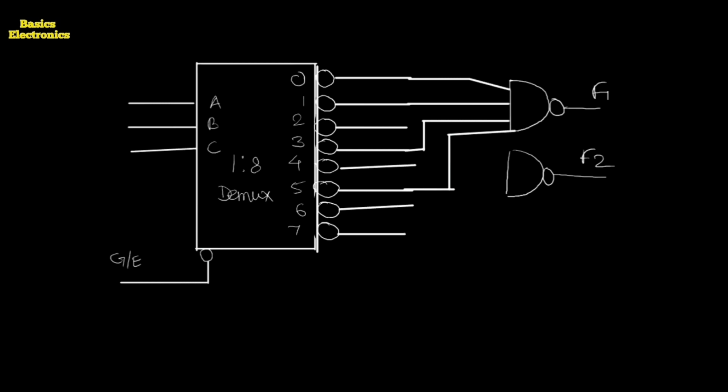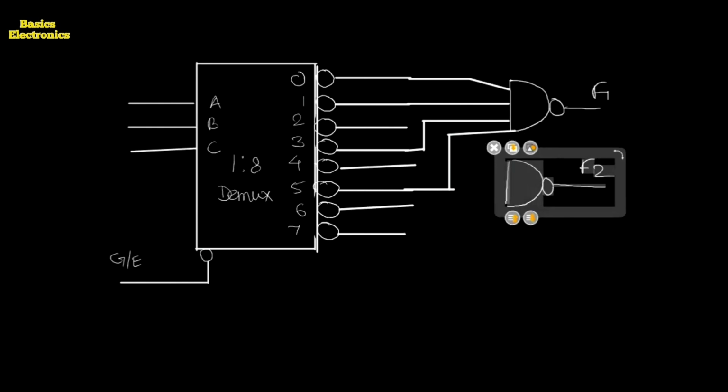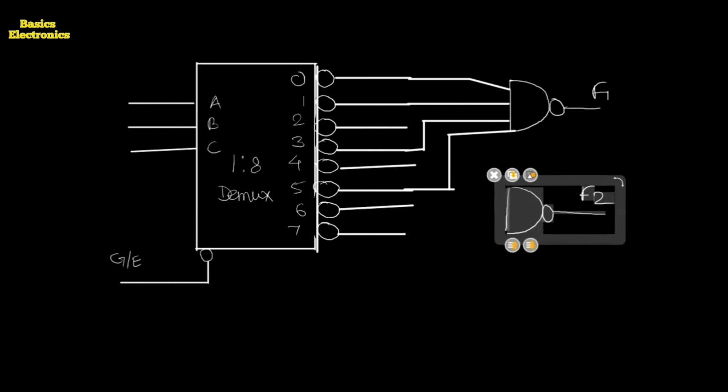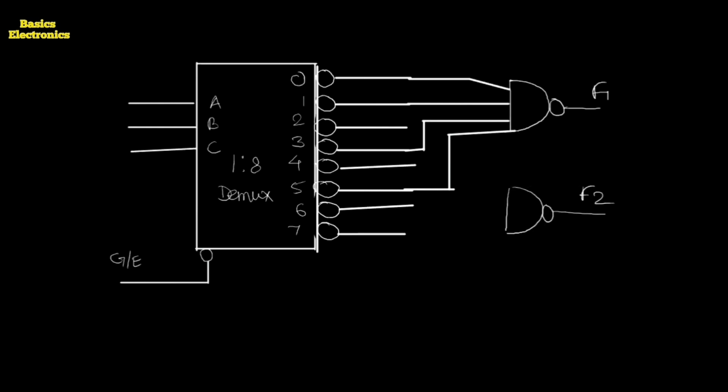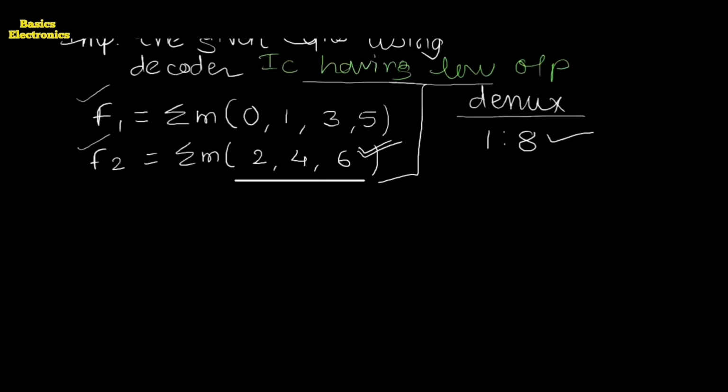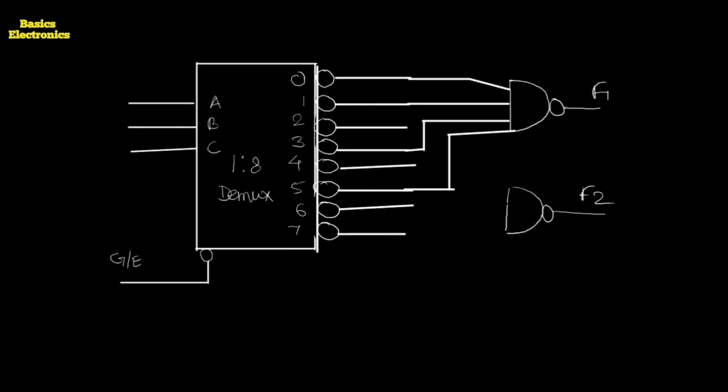Okay, now for the second gate, what is the requirement? The requirement is again the same, the given inputs in that equation we connect to the second gate. So in the given equation, these are 2, 4, 6, and we connect the same. 2 number line, I am using again a different color, we connect to the second gate.